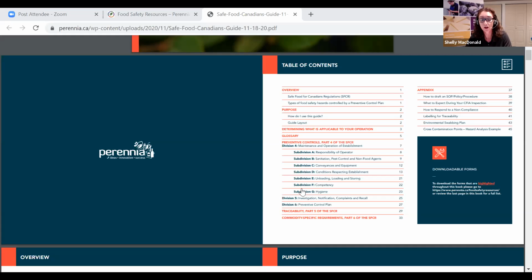Under the appendix, you will find how to draft an SOP, policy, procedure, what is expected during your CFIA audit or inspection, how to respond to a non-compliance, labeling for traceability, environmental swabbing, and cross-contamination points when addressing those using your hazard analysis. You will also find on our website downloadable forms that complement this guide. Just keep in mind that you do have to tailor these downloadable forms to your operation.